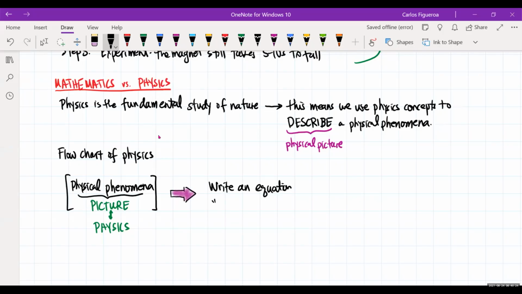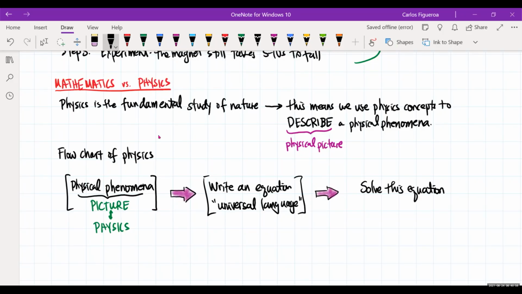Why do we translate it into an equation? Because it's a universal language. And as soon as we get that equation, we then go in and solve the equation. So we come in and we solve this equation.